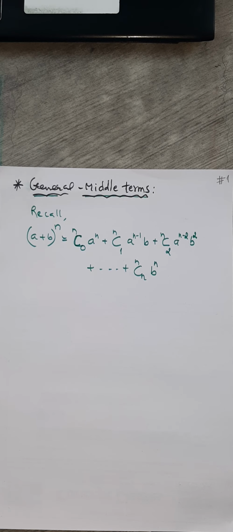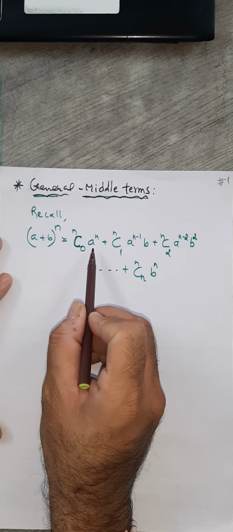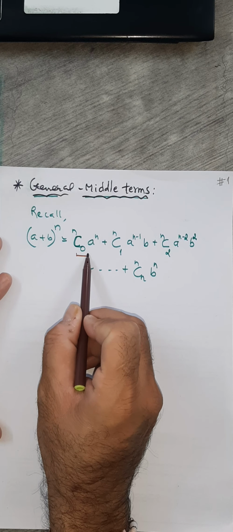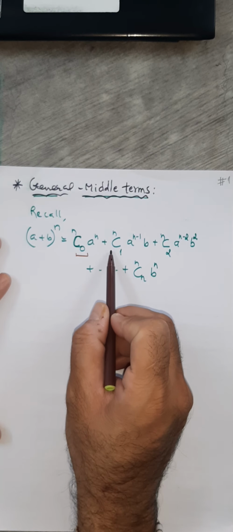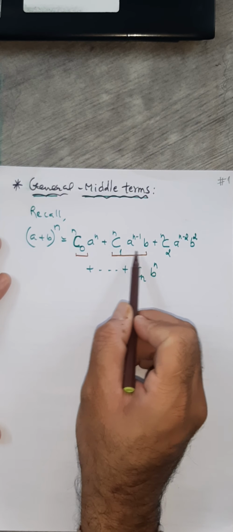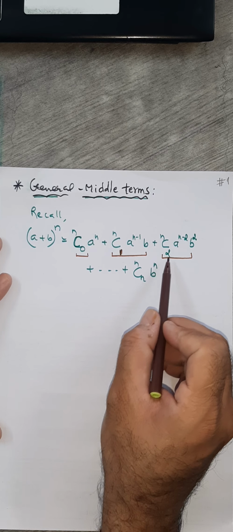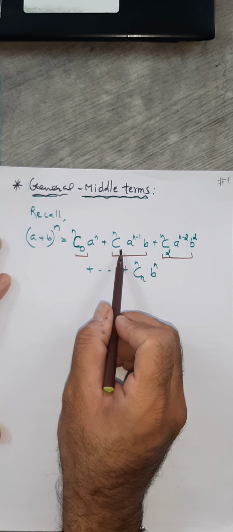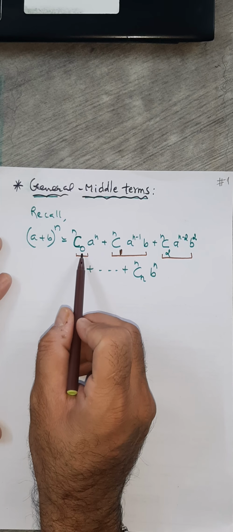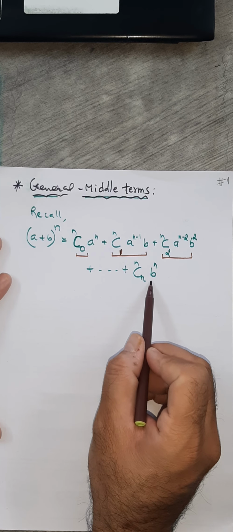Now here, if you observe, this is the first term, remember. There you have nC0. In the second term you have nC1. In the third term you have nC2. So in the third term it is 2, in the second term it is 1, in the first term it is 0, and this is the n plus 1th term.